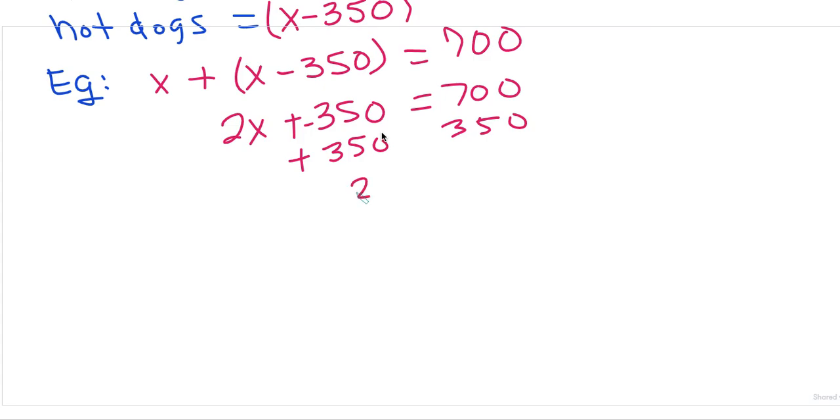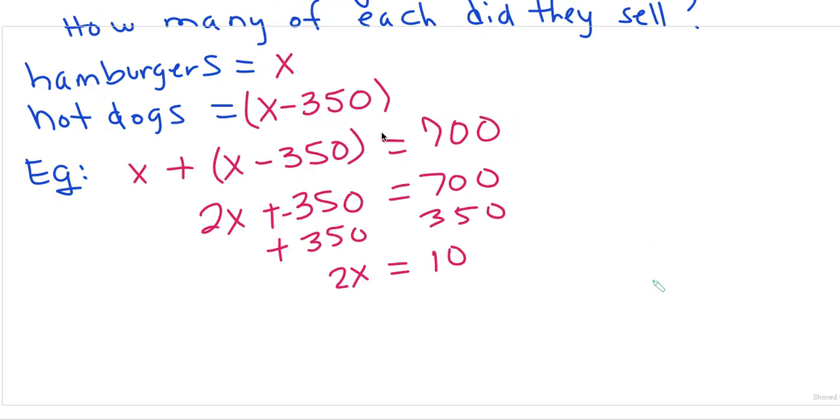So we're going to have 2x is equal to 1,050. Divide by 2, divide by 2, x is going to equal 525.